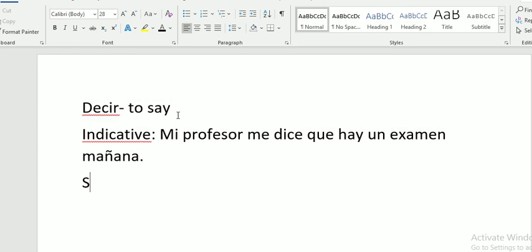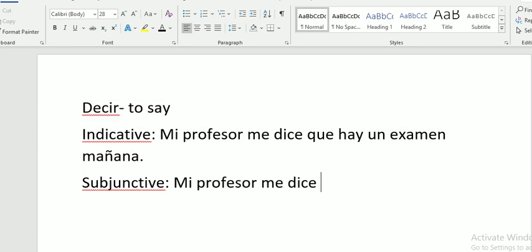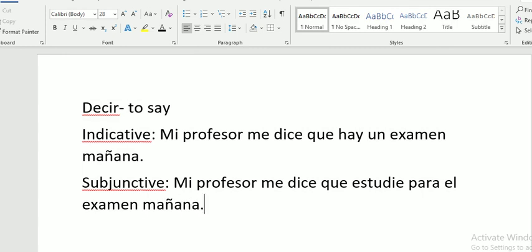Let's take a sentence using decir in the subjunctive. Mi profesor me dice que estudie para el examen mañana.